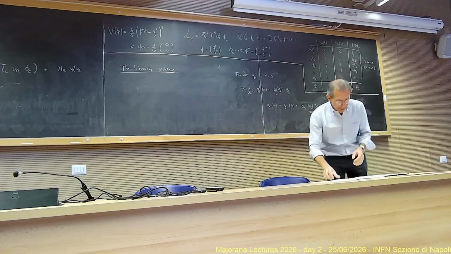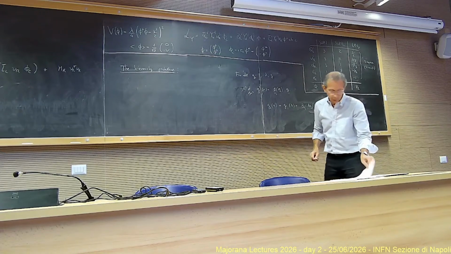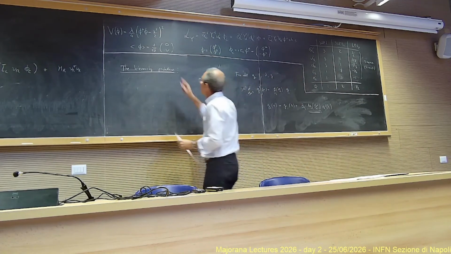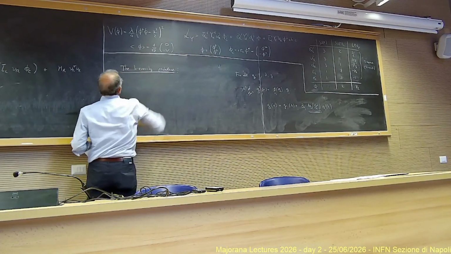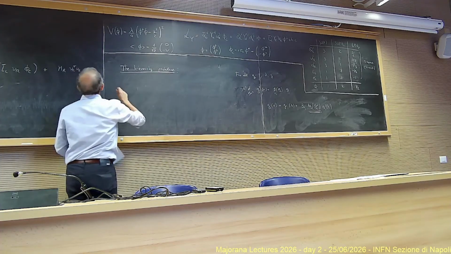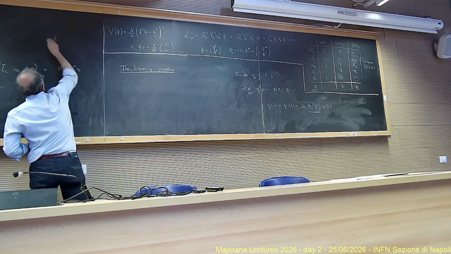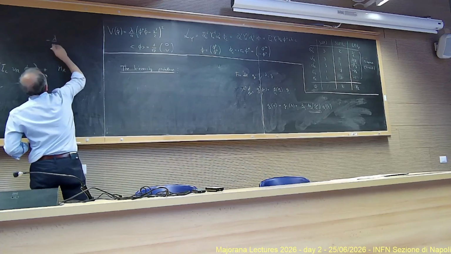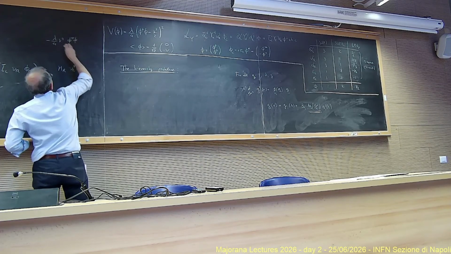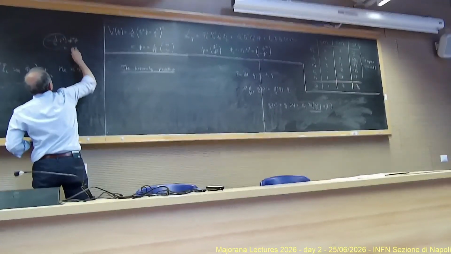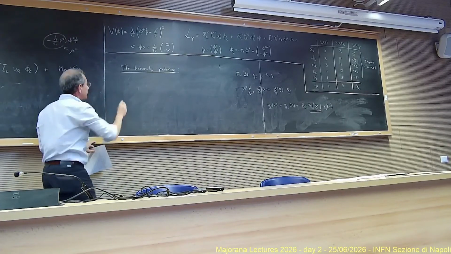So for the, let me try to follow my notation. For the mass term, here you see I put lambda d square, but when I find, I have lambda minus lambda 4 d square, and this I call the square mass term, the quadratic term.